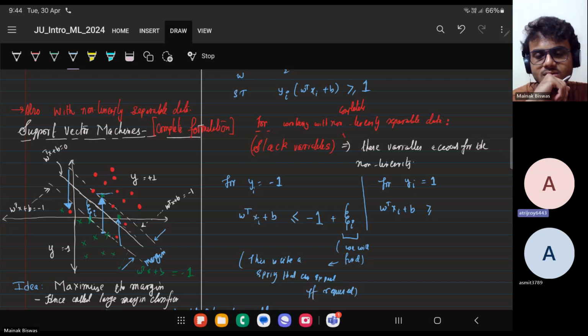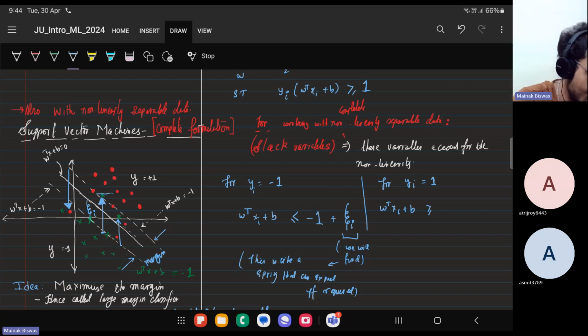Is xi I fixed for all the i's, or does it depend? It will depend. It will be different for every I. So that's why I'm writing I separately. That's why we are saying this is the spring for every point. So we have maximum flexibility, right?